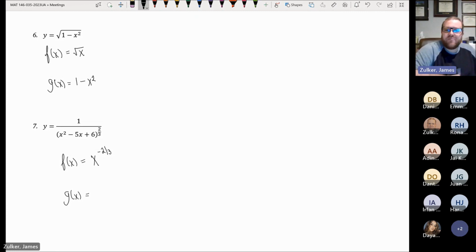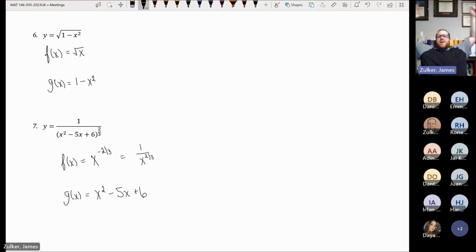It's 1 over something raised to the 2/3. But what's being raised to the negative 2/3? The x squared minus 5x plus 6. There's my f, there's my g. Again, not the only two functions, but it is the simplest.